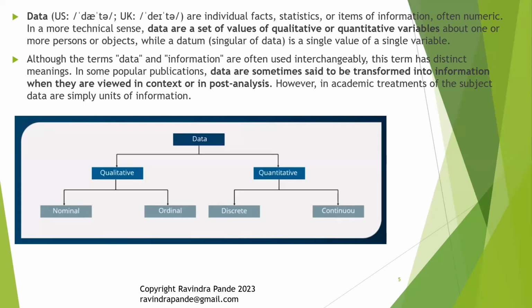However, in academic treatments of the subject, data are simply units of information. So whenever you're trying to decompose information in a digital format, you might need to convert it into many data elements. So Ravindra acquired 65 in maths marks. And this statement, this information, can be converted to three elements of data: Ravindra, subject name, marks.